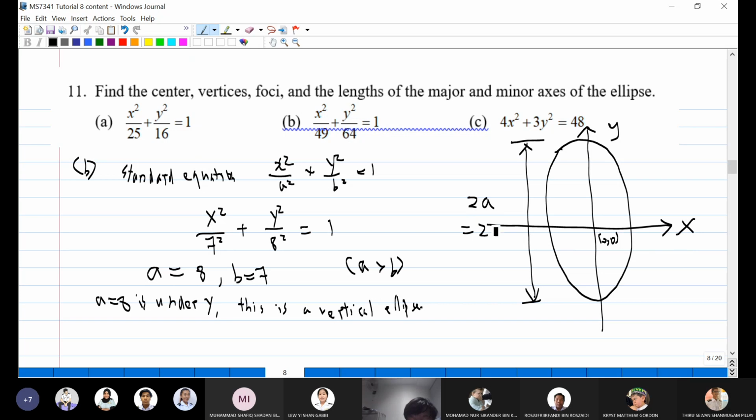So 2 times 8, 16. So 2a is 16 now. The center is always 0, 0. So this is a here.